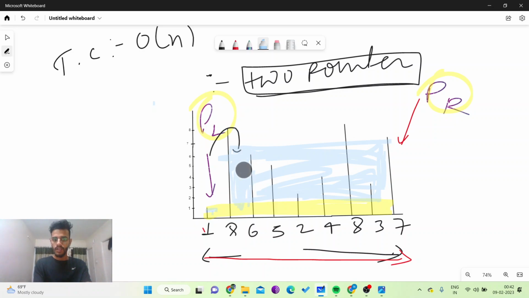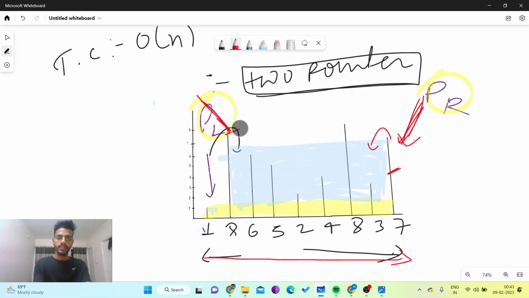Whichever side has the minimum, that side we will move. Let's suppose this is the minimum among these two, PL and PR. Now PL is here and PR is here, and in these two, this is the minimum. So I will move this one to the next.